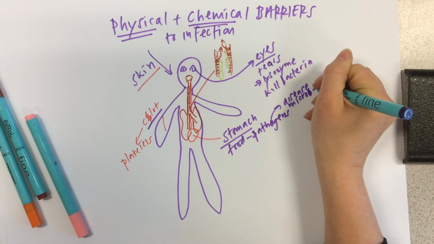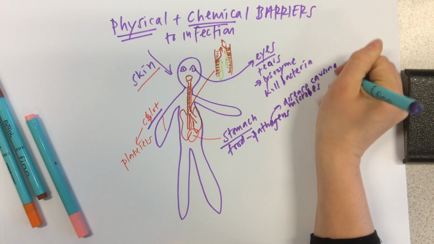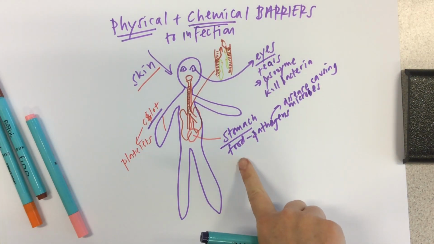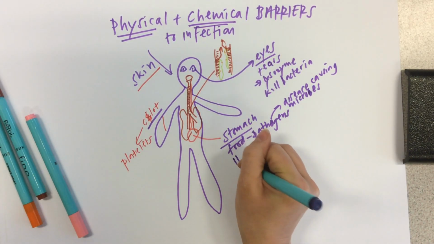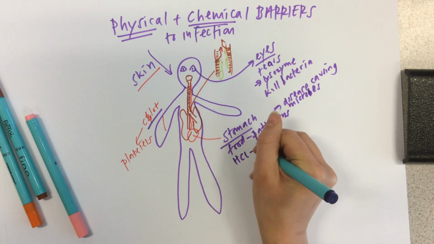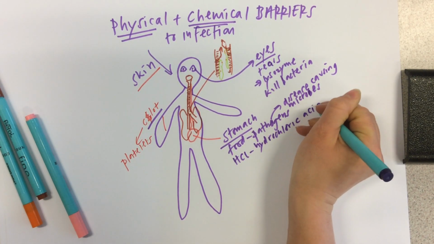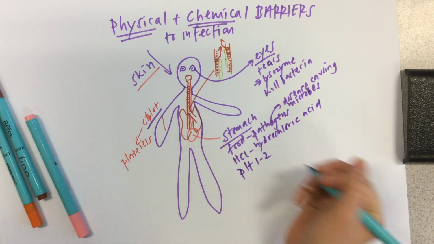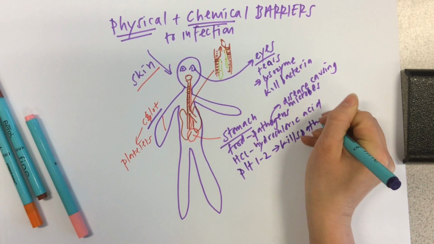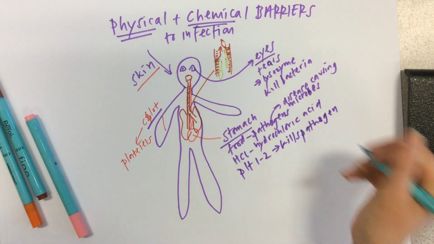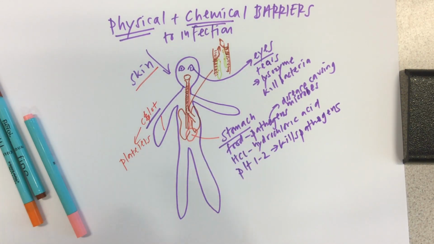I'm going to abbreviate that to microbes because it's the same thing. So if your food contains microbes that cause disease, because the stomach contains hydrochloric acid, which is about pH 1 to 2, this kills pathogens upon entering the stomach, so that they don't cause harm later in the body.